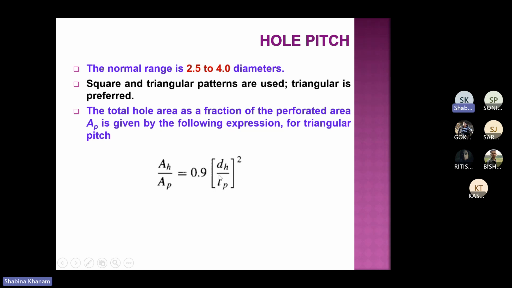From here you need to find this lp, because lp is the hole pitch. dh you know already, you have fixed the hole diameter. AH you have already calculated, like 10% of active area, as we discussed in previous slides. And AP is the perforated area which you need to calculate. In this parameter only AP you need to calculate, then you can find out LP. These two parameters are known. So in this way you can consider hole pitch.